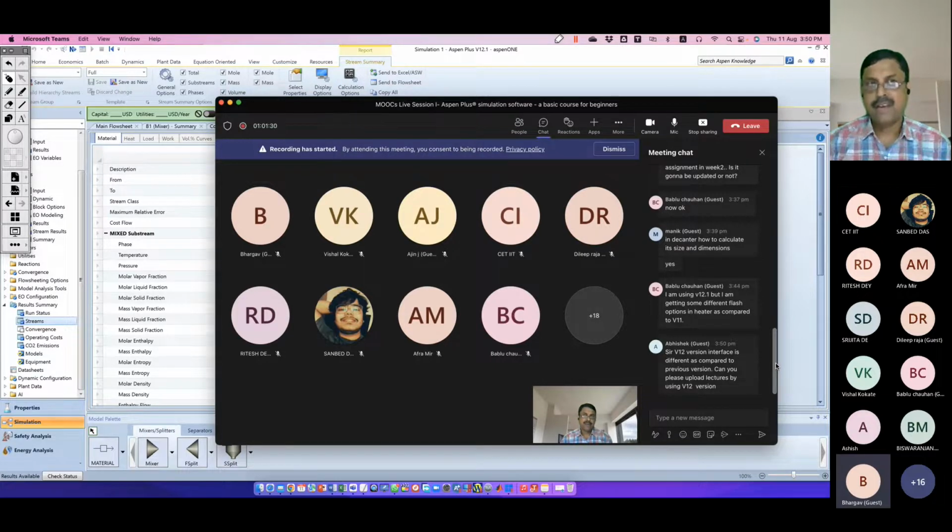If you are getting very much different, then obviously either you are doing wrong or I am doing wrong. So both cannot be correct with our respective versions. A slight difference is okay. I mean, version to version, that much variation happens.